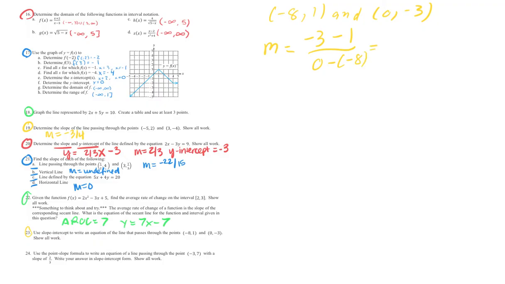We end up with negative 4 over positive 8, so m is equal to negative 1/2.